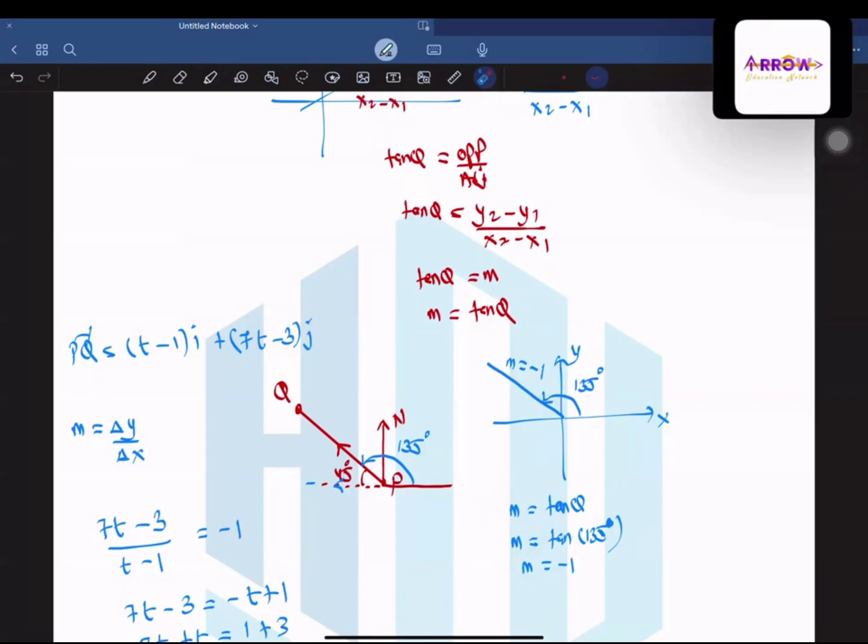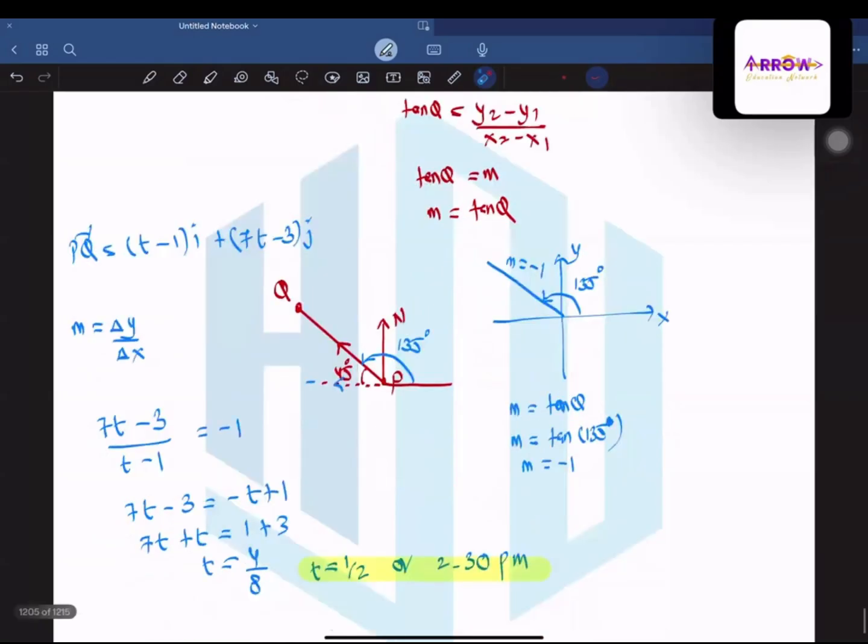So m is equal to tan theta, so gradient is -1, and basically the vector PQ is telling you a way of considering the gradient. Gradient is basically change in y over change in x. So when you are moving from point P to point Q, you are considering the change in I component and the change in j component, isn't it?